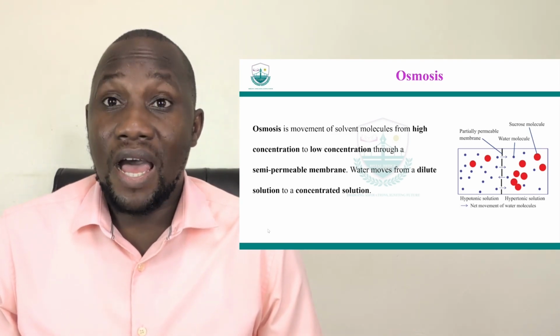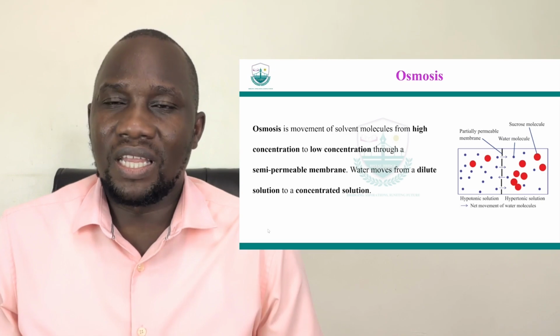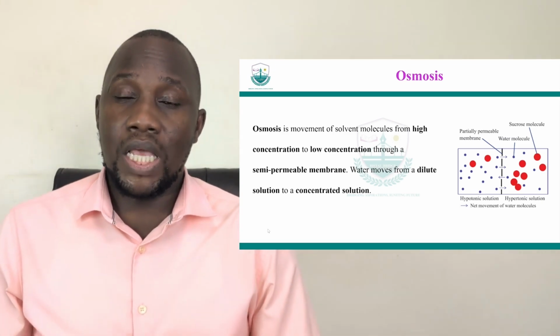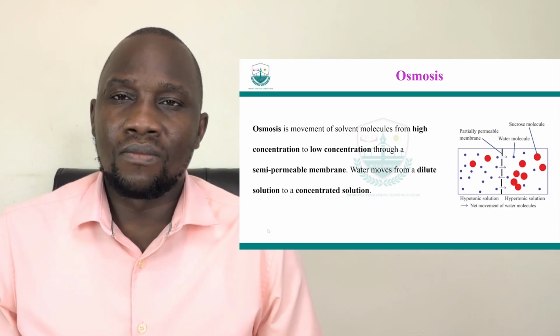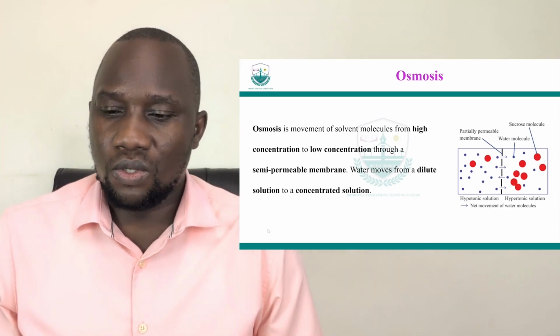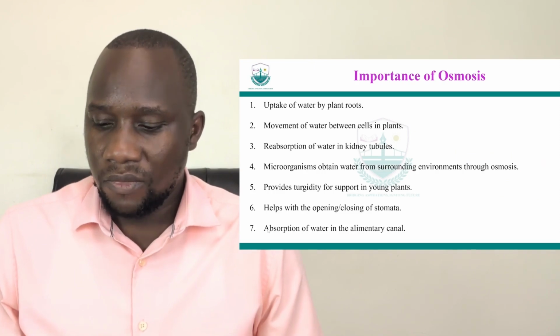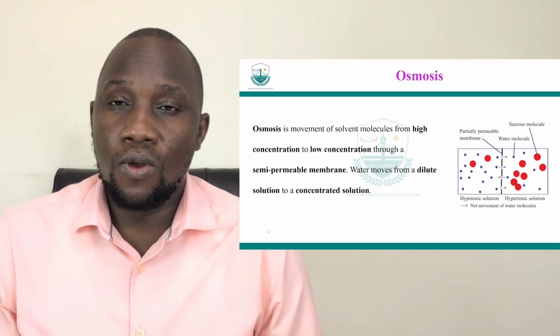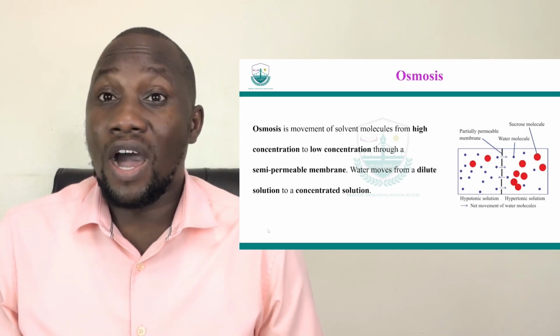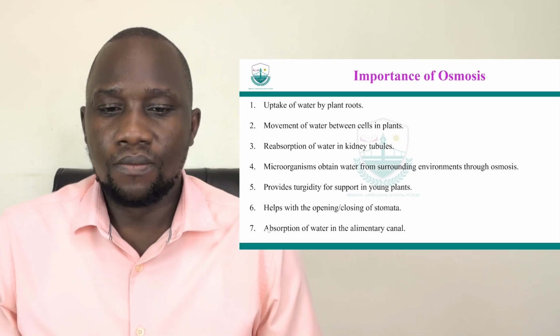A semi-permeable membrane is a membrane which allows movement of certain particles. When you have high solute concentration, we say that solution is hypertonic, and when you have low solute concentration, that solution is hypotonic. So water moves from the hypotonic solution to the hypertonic solution.